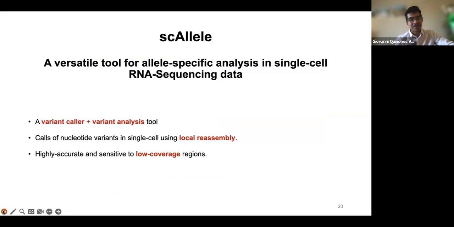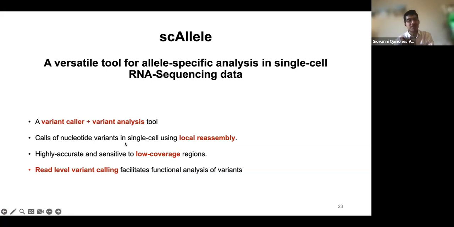This slide summarizes the project. The motivation: we want to make a variant caller plus variant analysis tool that calls nucleotide variants in single cell RNA sequencing using local reassembly.